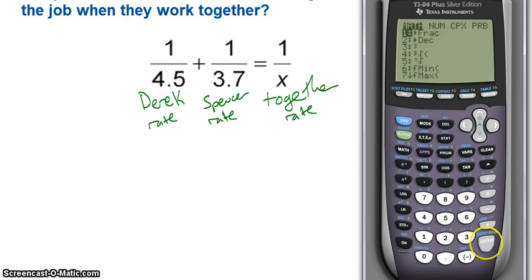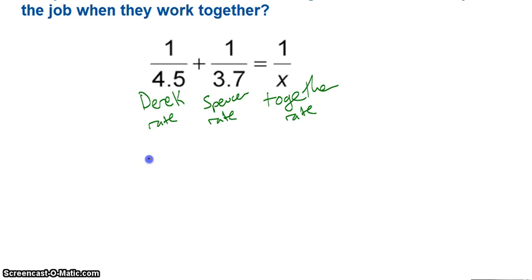But if I hit that math button, put it into a fraction, I have that these two added together is equivalent to 164 over 333. So I'm going to write down 164 over 333 equals 1 over x.